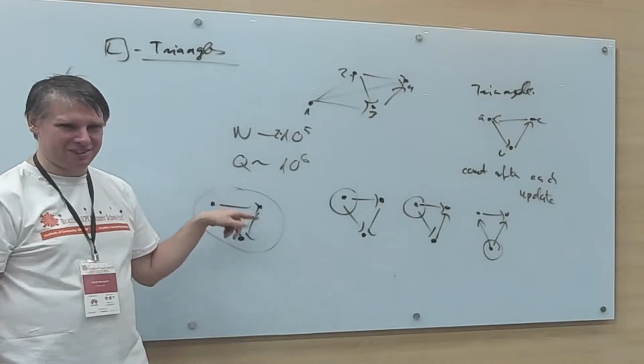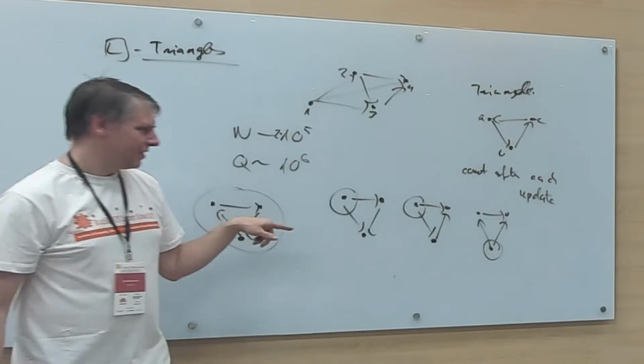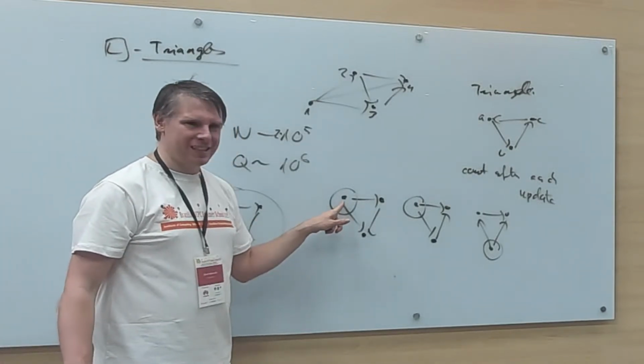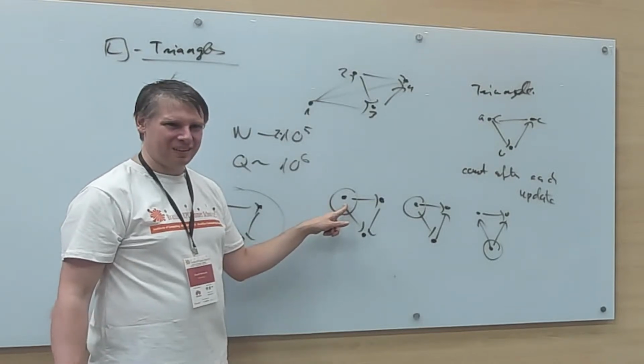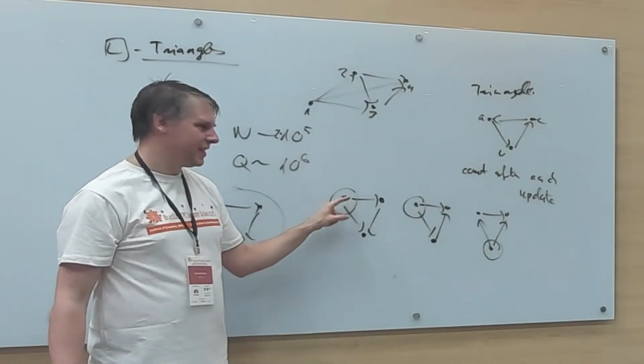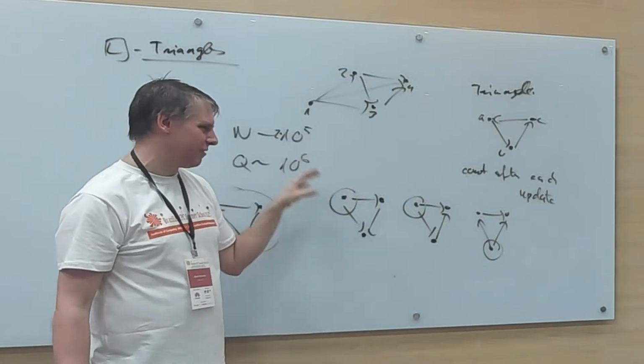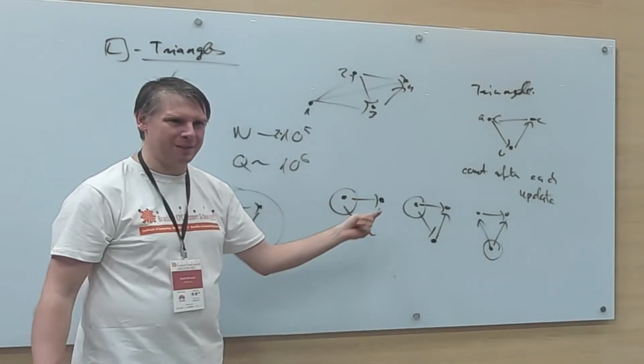In a triangle you have a cycle. And that means this is an if and only if description of not having a triangle. If this happens, you don't have a triangle, and also if you don't have a triangle, then this must happen.